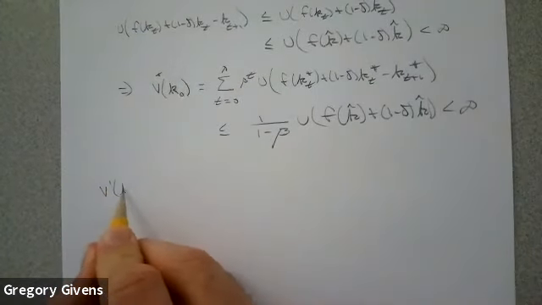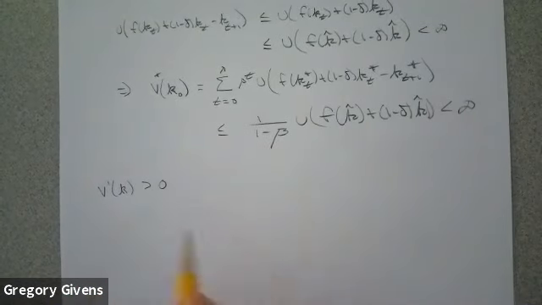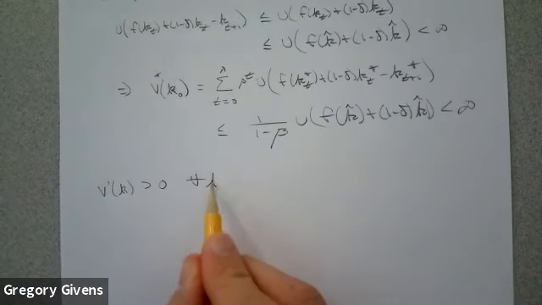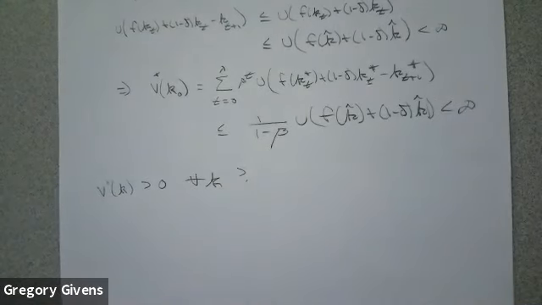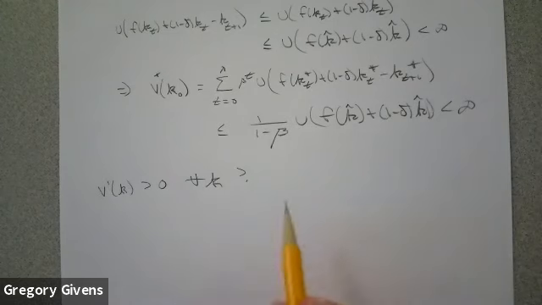In other words, how do we know that increasing the capital stock is going to result in a higher value function for any k? This follows from the utility function being strictly increasing in the state, as well as the constraint set being monotonic.